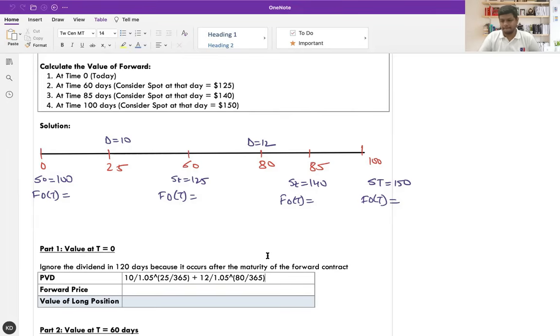Store it, store 1. Now do it for the second one. 1.05 y to the x, bracket open 80 divided by 365 bracket close, equal to, and let me know the value that you get. 1.01075. Store 2.